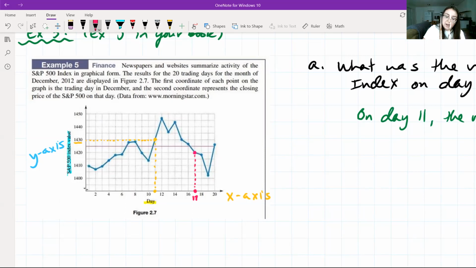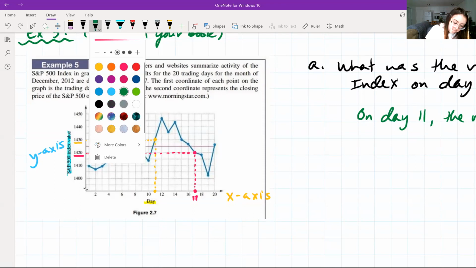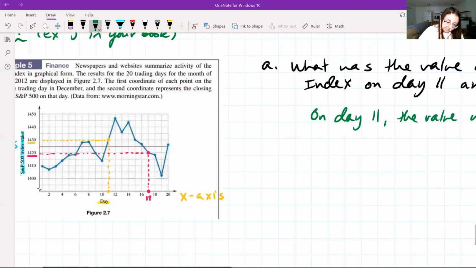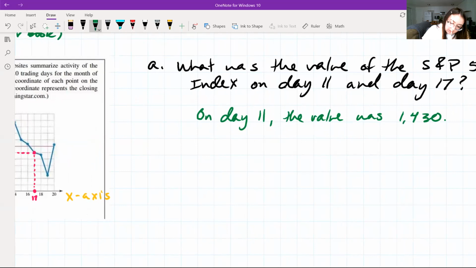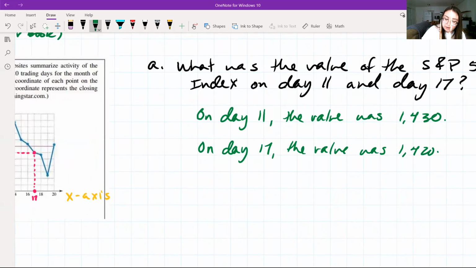And then we track to the left to our y-axis, which we see is at 1,420. So on day 17, the value was 1,420.